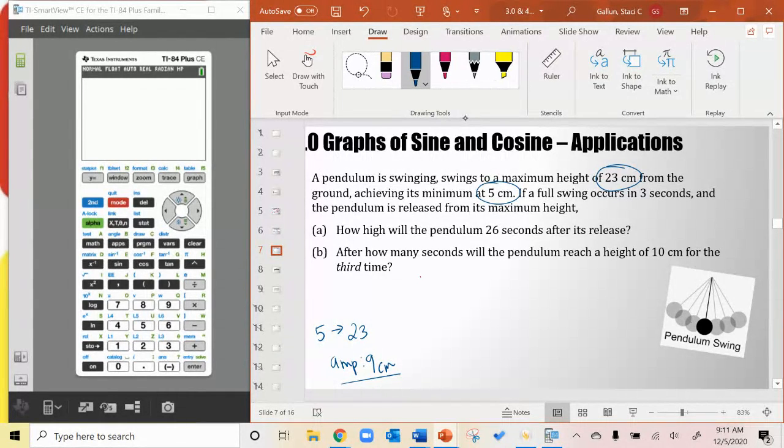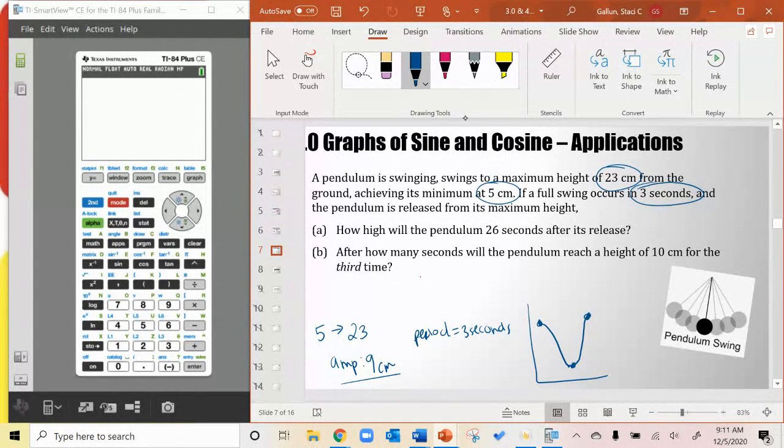If a full swing occurs in 3 seconds, all right, so the period is 3 seconds. And the pendulum is released from its maximum height, right? So it's going from its maximum height to its minimum height, back to its maximum height. This is not what it looks like when it swings. This is us comparing the time, right?